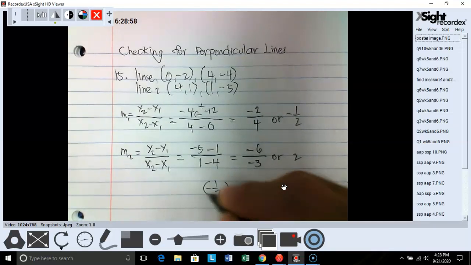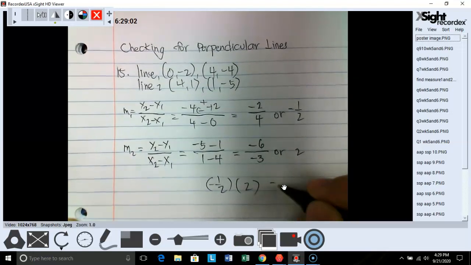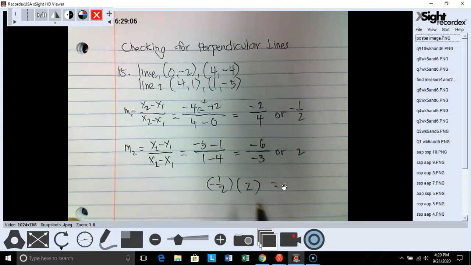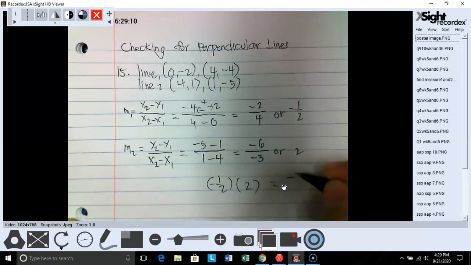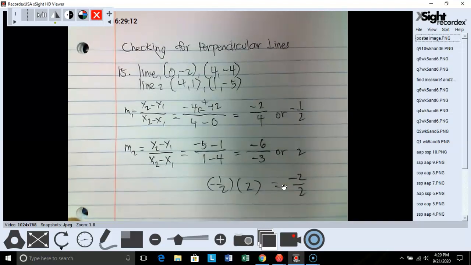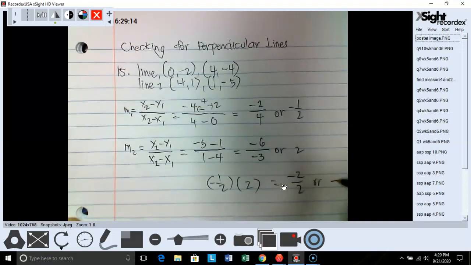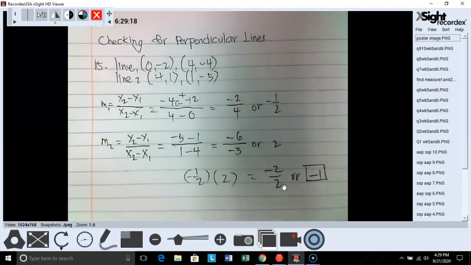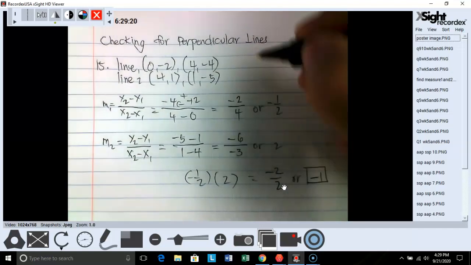-1/2 times 2. How much is that? So when you multiply the numerator, that's going to be -2 over 2, or -1. So if you notice, we end up with -1, therefore the lines are perpendicular.